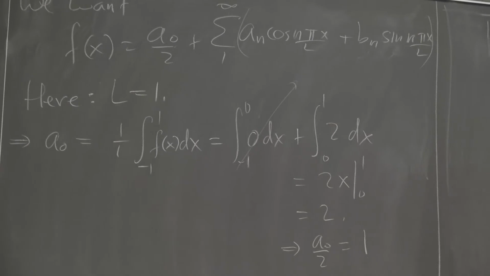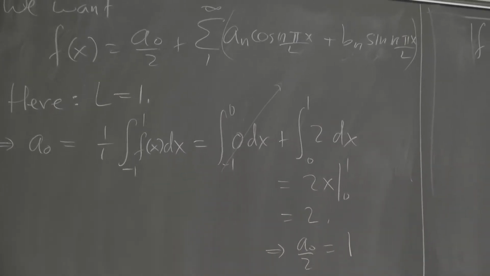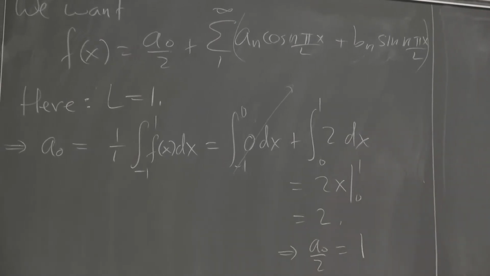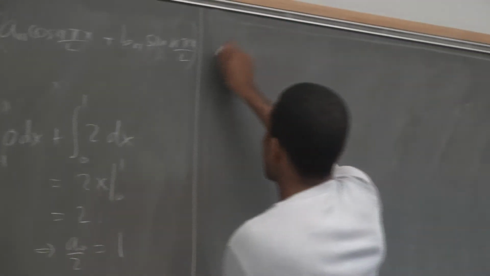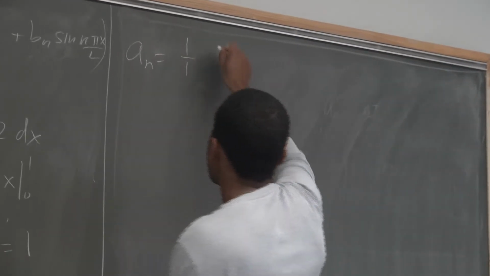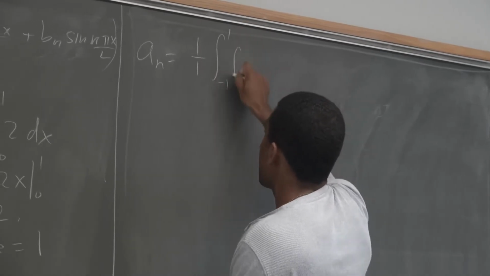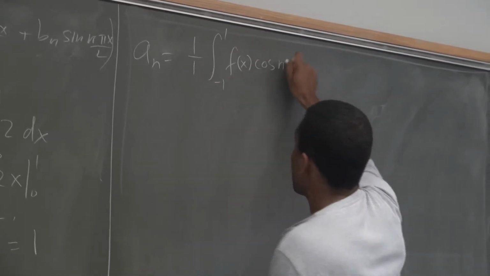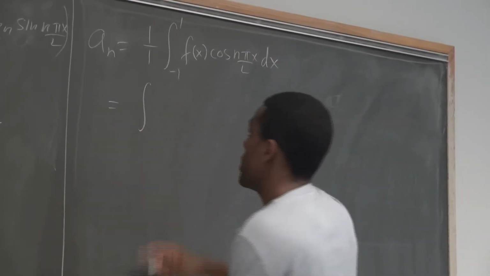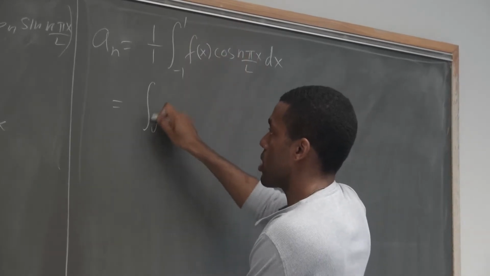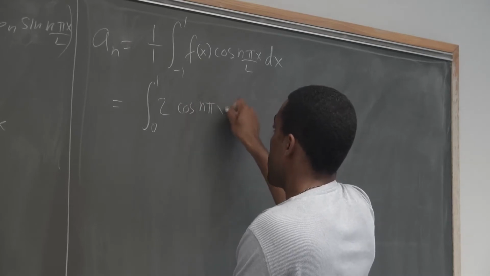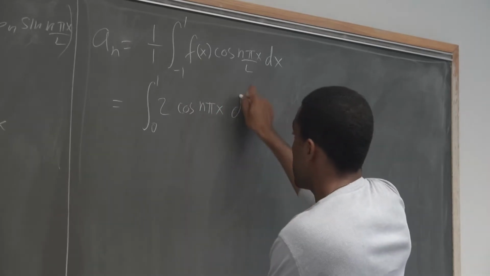Let's find the AN terms. For AN, that's going to be 1 over L, integral from -L to L, f of x cosine n pi x over L dx. But again, we can ignore the part from -1 to 0, just start from 0 to 1 of the function 2 cosine n pi x over 1 dx.